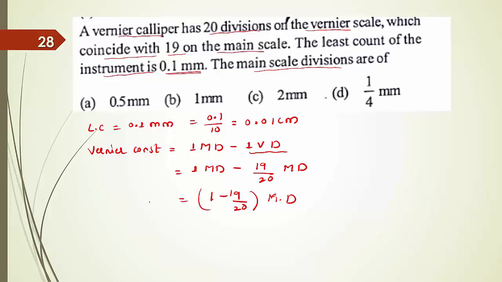Here it is given 0.1 millimeter, which is the least count. So we can write 1 by 10 is equal to 1 minus 19 by 20, which is 1 by 20 main scale division. Or we can write 1 main scale division equal to 20 by 10. 20 by 10 means 2 millimeter. So 1 main scale division equal to 2 millimeter. So option C is the right answer.